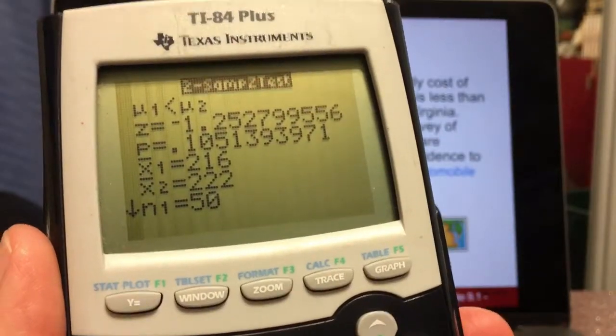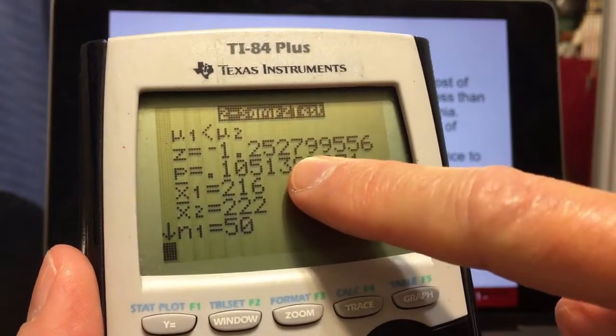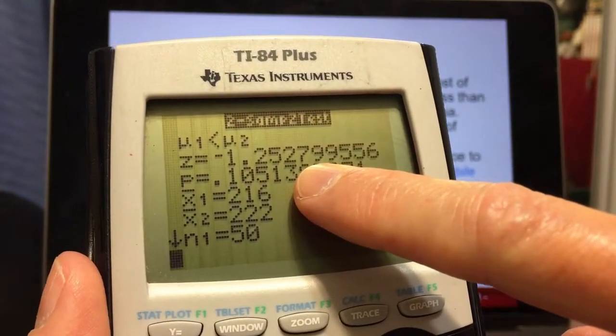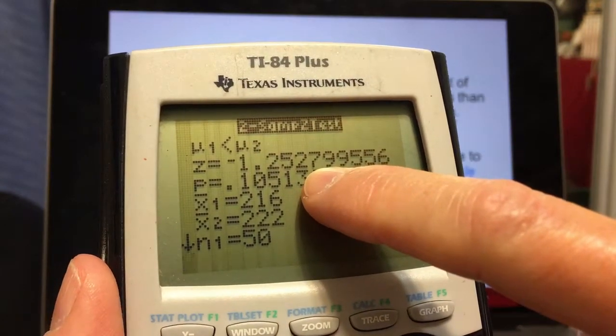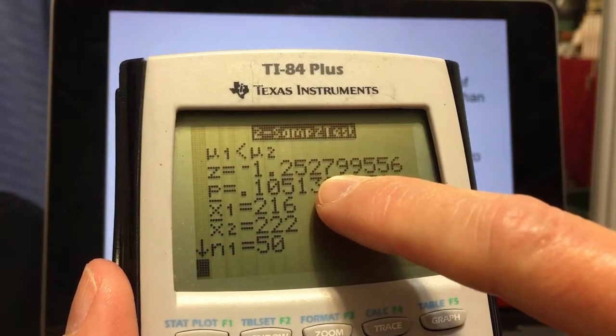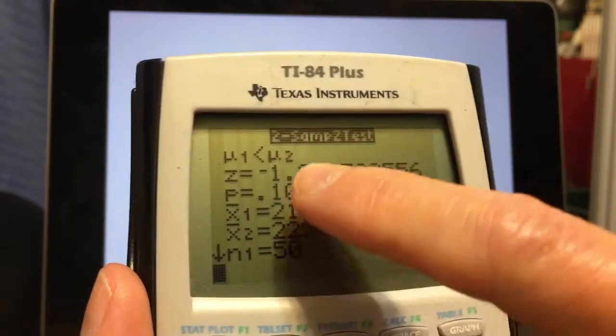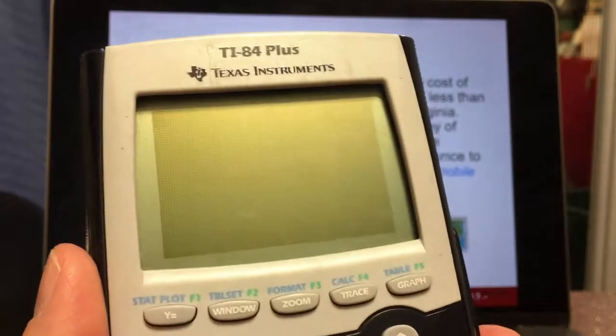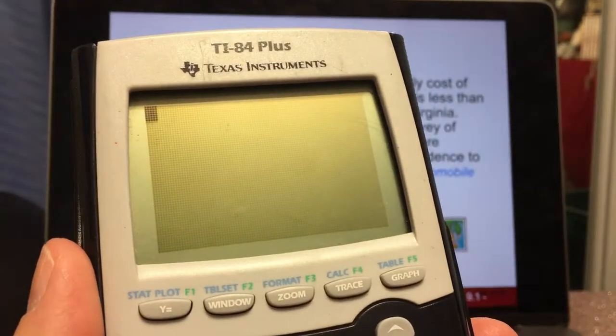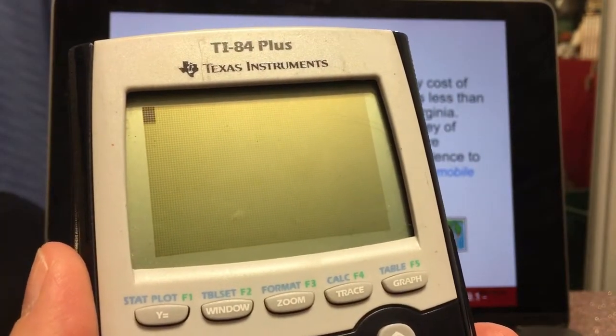Looking at our test statistic, negative 1.25, and our critical value is negative 2.33, which is farther to the left than this is. So our value is to the right, not in the tail.